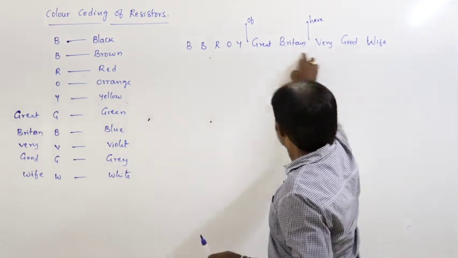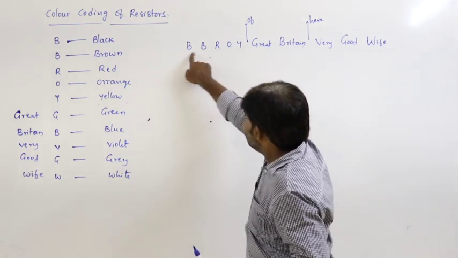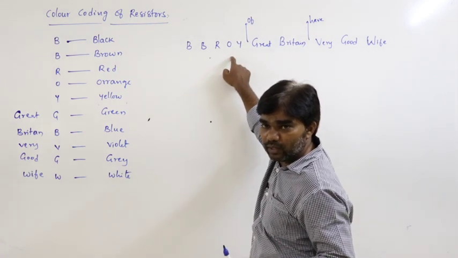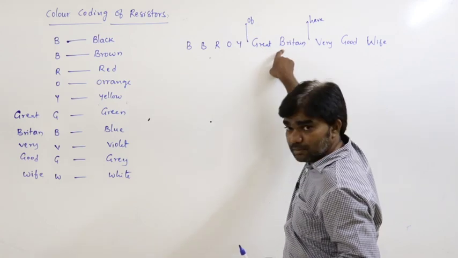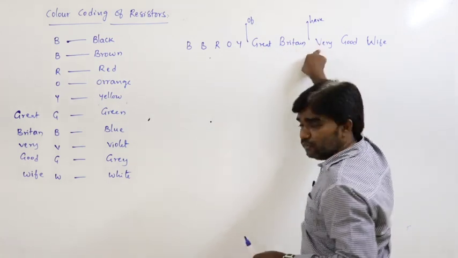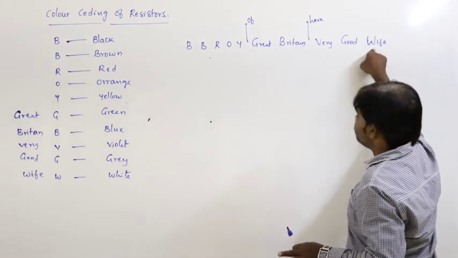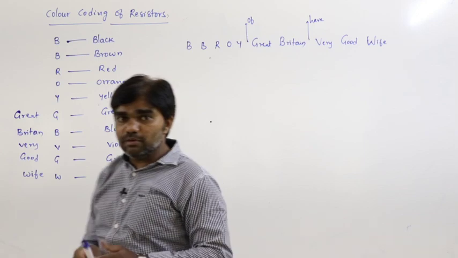We have to consider capital letters. B.B.R.O.Y, these five letters have meanings. Next, Great, G has meaning. Britain, B has meaning. Very, V has meaning. Good, G has meaning. Wife, W has meaning.